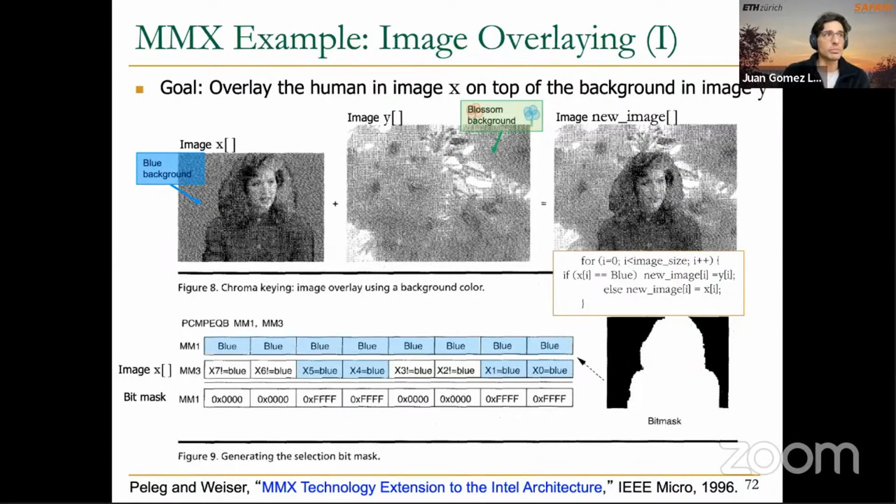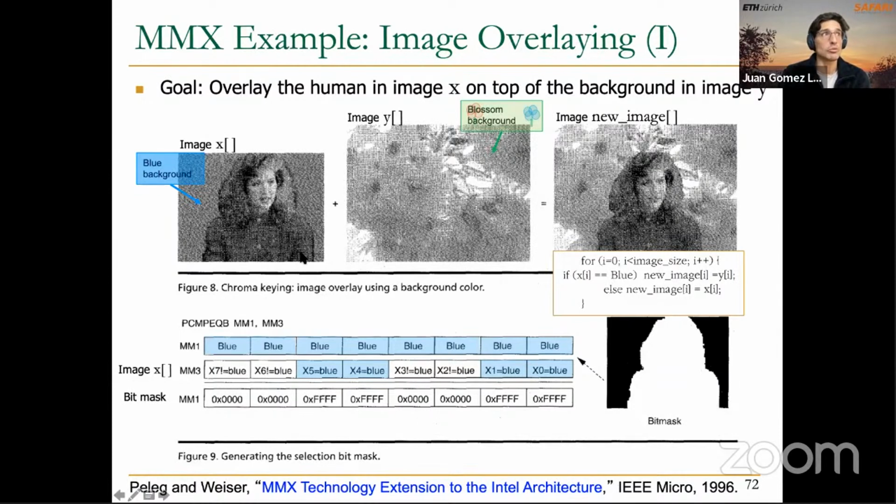And depending on that, we are going to generate a bit mask that we are going to use for the later execution. So if the corresponding pixel is blue, the corresponding bits in the bit mask are all going to be equal to 1.